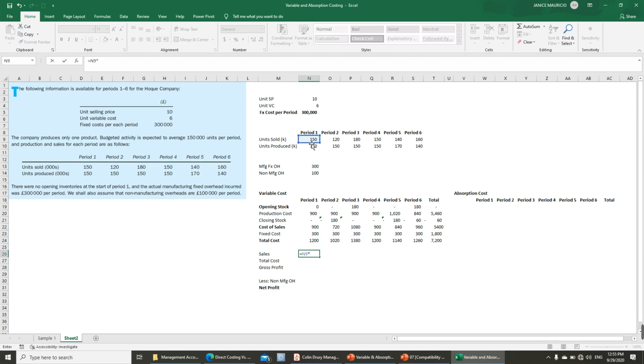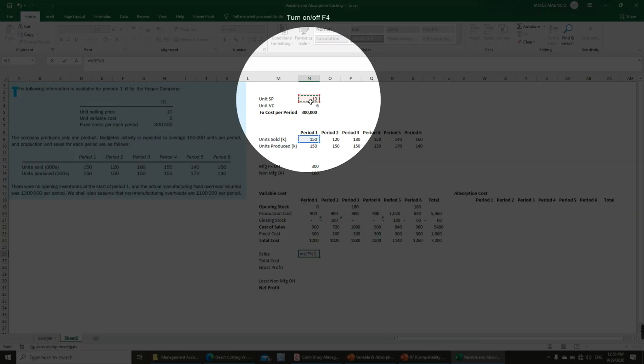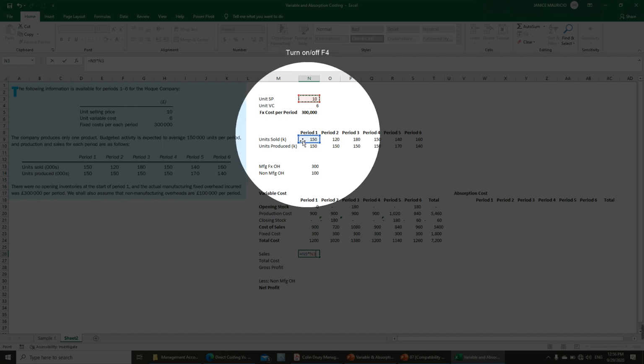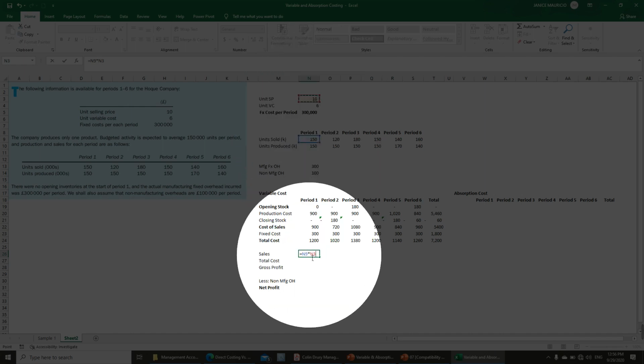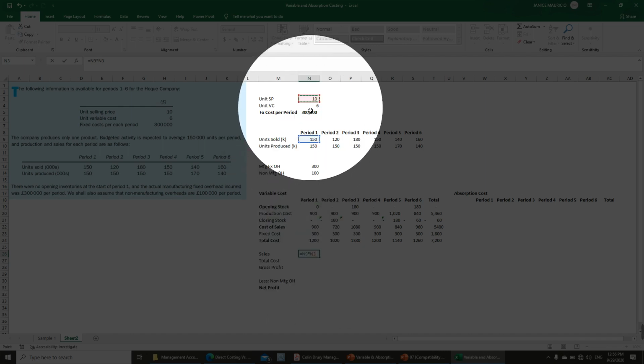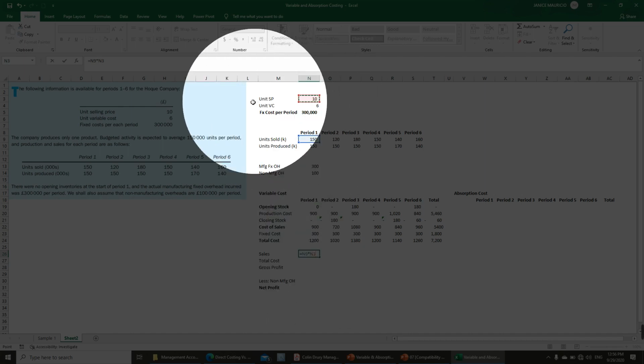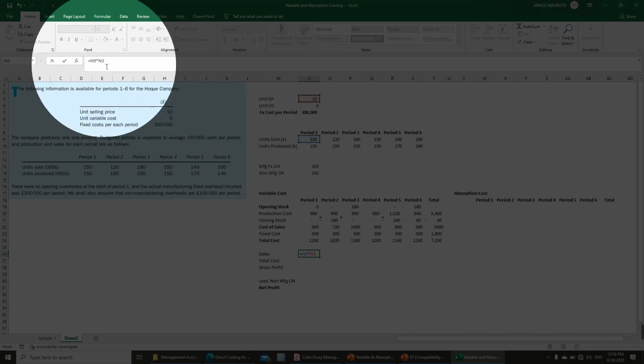Now, sales is the number of units sold times the unit selling price. So you can see here, units sold times unit selling price. That will give us the total amount of sales. Since the unit selling price is fixed from one period to another, let's make sure that the formula is fixed on that cell.